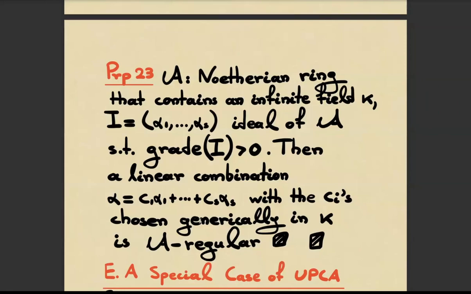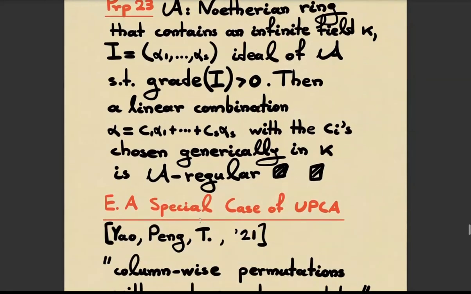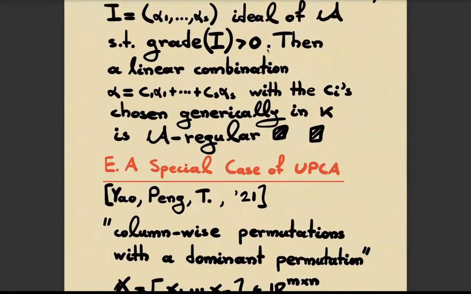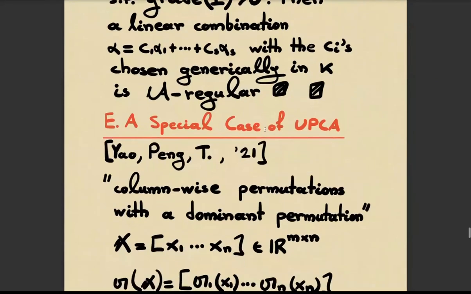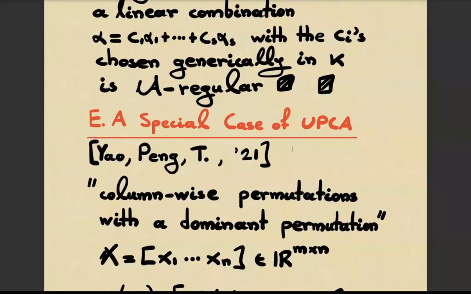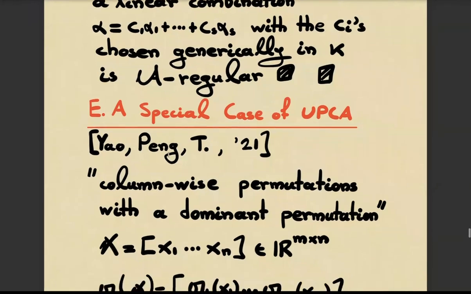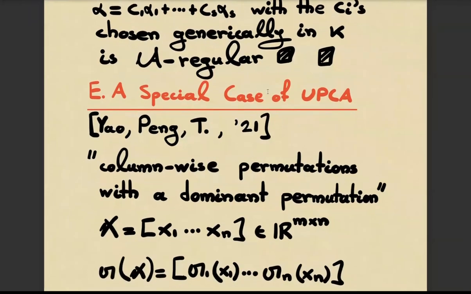Okay, so now, in the last few minutes of this talk, I will talk about a special case of UPCA where the problem is actually tractable computationally. And we worked on that with my former master students, Yunjian Yao and Liang Zupeng. And this special case of UPCA can be summarized under the slogan, column-wise permutations with a dominant permutation.